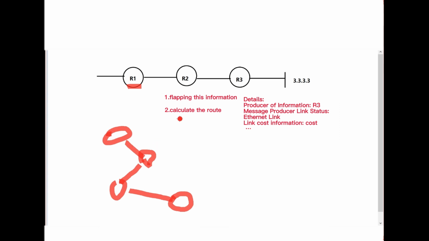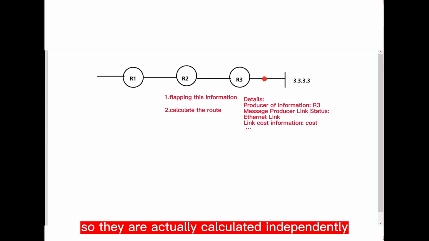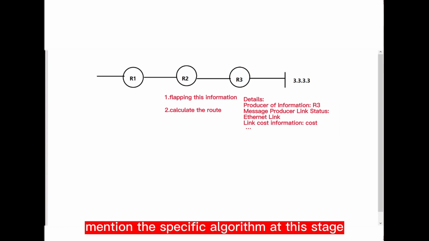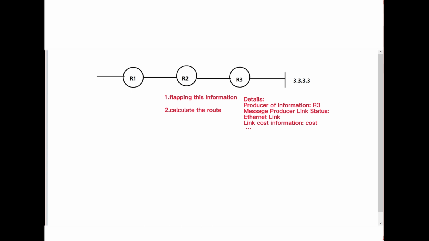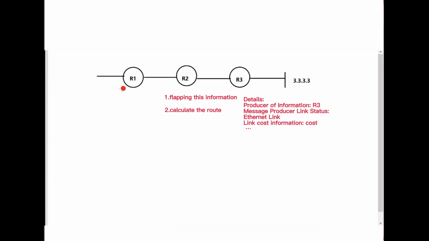Everyone's picture is different, so they are calculated independently, instead of RIP's concept of a global view. We will not mention the specific algorithm at this stage. For now, here are its two steps: first flooding and then calculation.